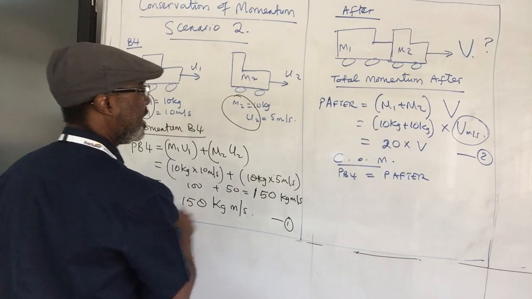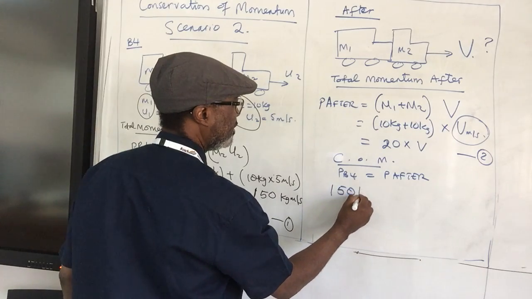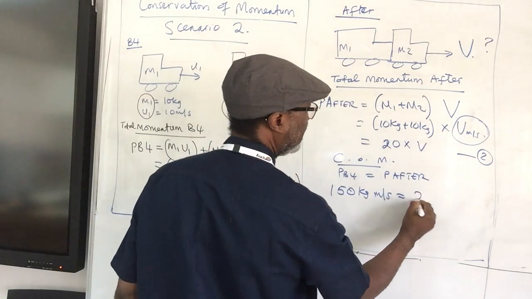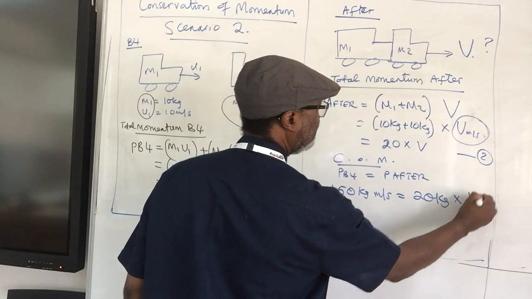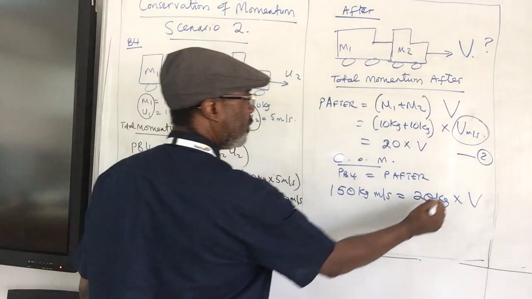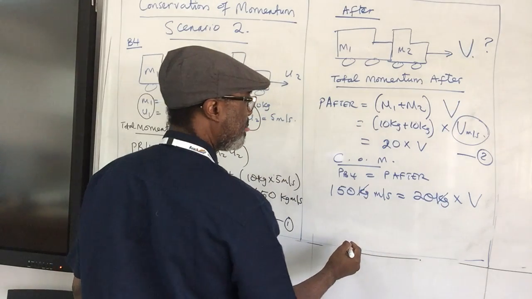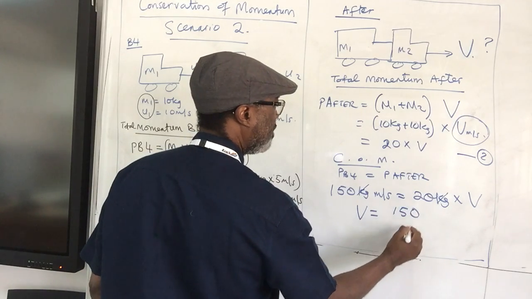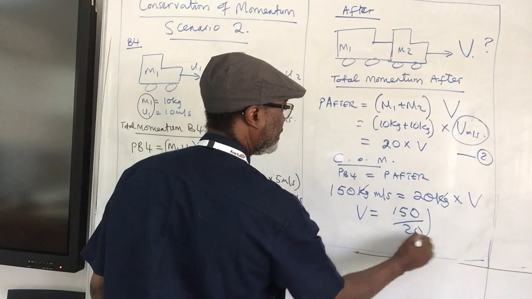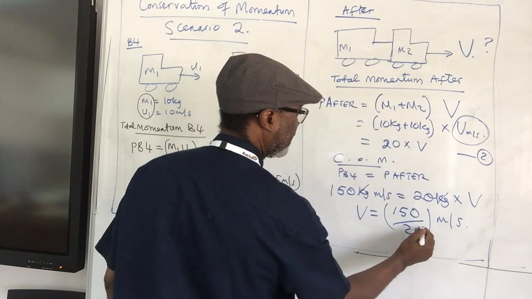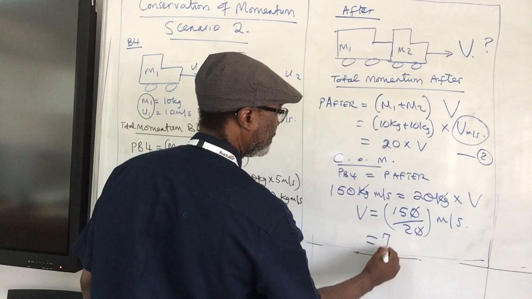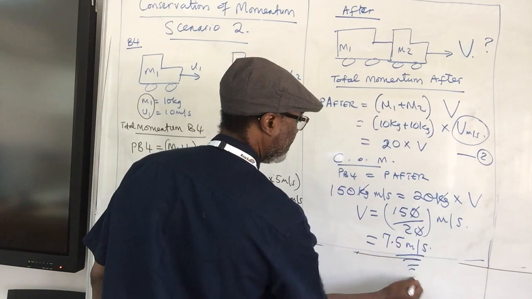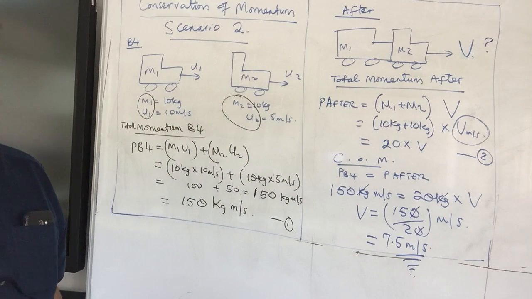The momentum before here was 150 kilogram meters per second, and the momentum after here is 20 kilogram times V. V we don't know, so kilogram will cancel kilogram, and we can say V is 150 over 20 meters per second. You use your calculator, and that works out to be 7.5 meters per second. And that is how you do a question like that.